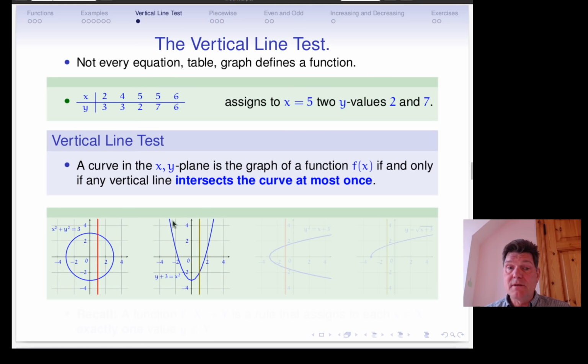And you can see that wherever I place this green line as a vertical line on this graph, it will always intersect this blue line in exactly one point. And the requirement is that it intersects the curve at most once. So this parabola is in fact the graph of a function.